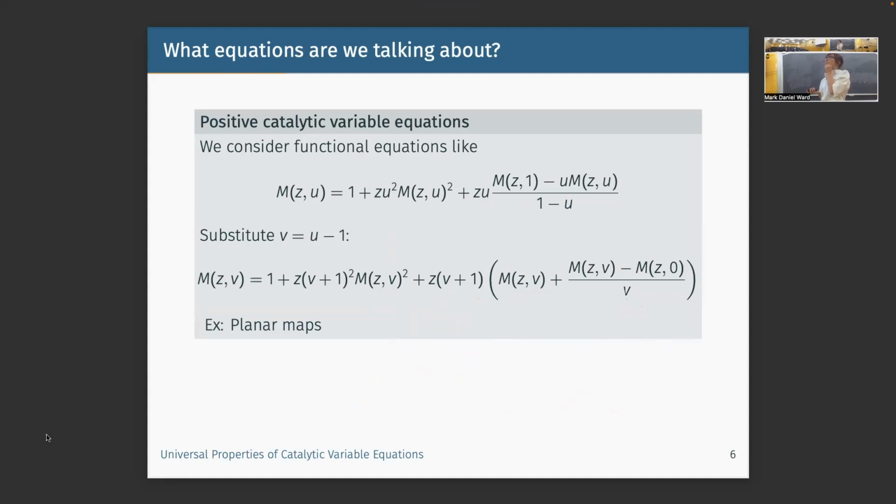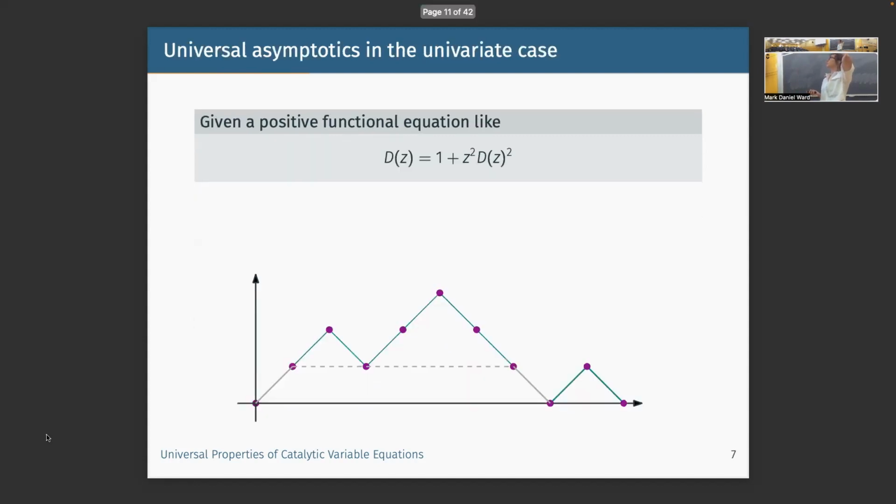Now, the universal properties that we're interested in are not something like whether the series is algebraic or D-finite or whatever, but this is based on something that has been observed in the 70s for the first time.